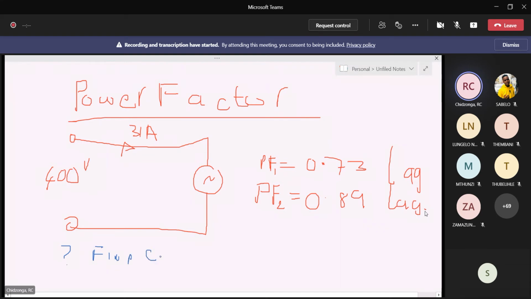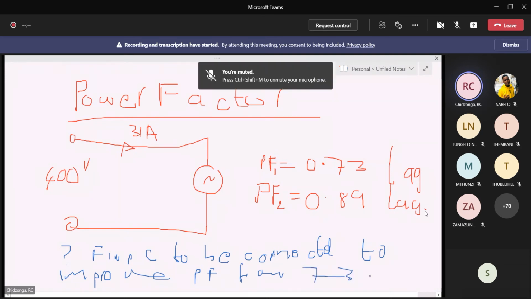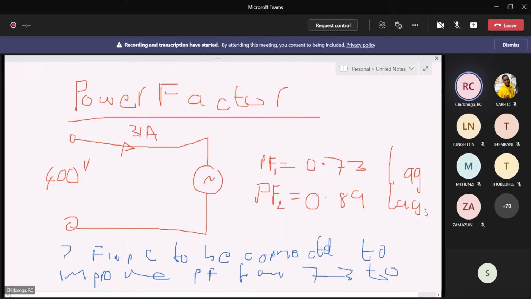C to be connected to improve power factor from 73 to 89%.